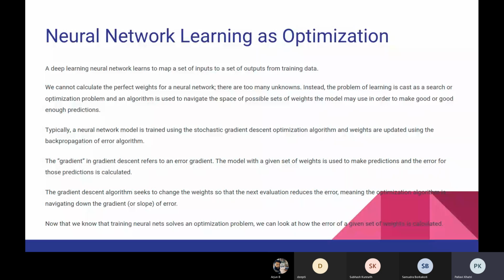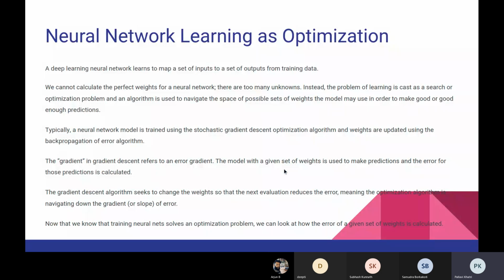Then I will adjust all my parameters again in order to reduce or optimize that error. At the end of the propagation, I'll get some optimum value. Since I am at the output side and I am back propagating, changing parameters towards the input, that is known as back propagation.